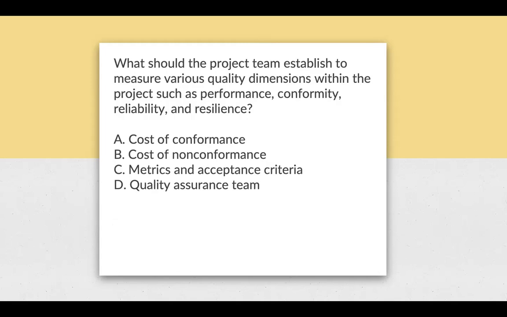And the last question. Oh, sorry, we have more. What should the project team establish to measure various quality dimensions within the project, such as performance, conformity, reliability, and resilience? A. Cost of conformance. B. Cost of non-conformance. C. Metrics and acceptance criteria. And D. Quality assurance team.